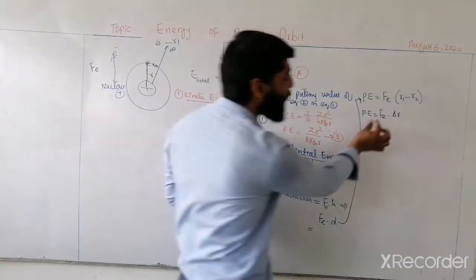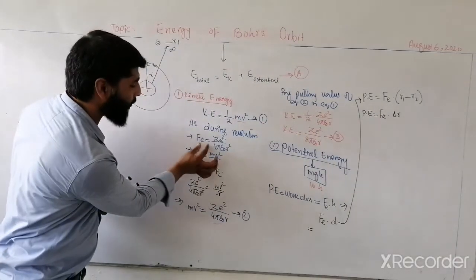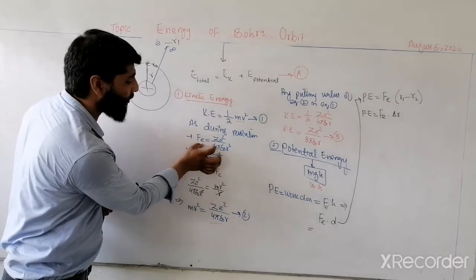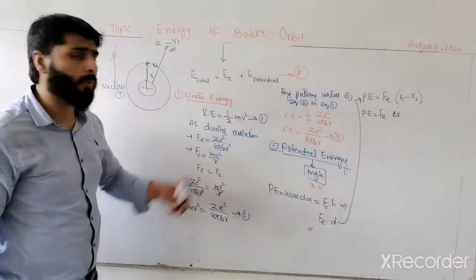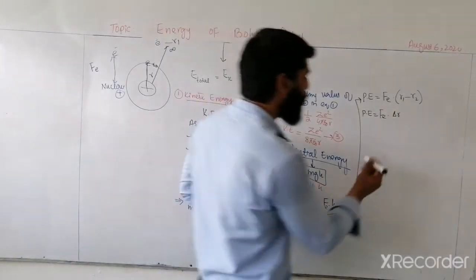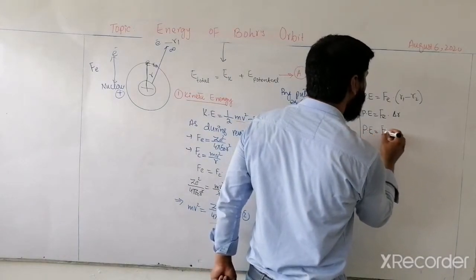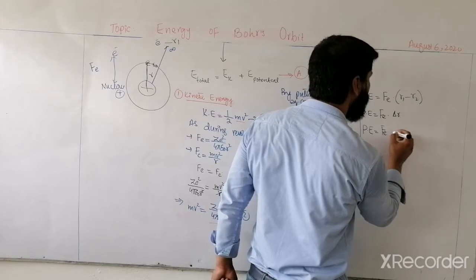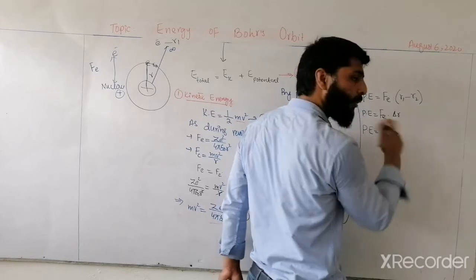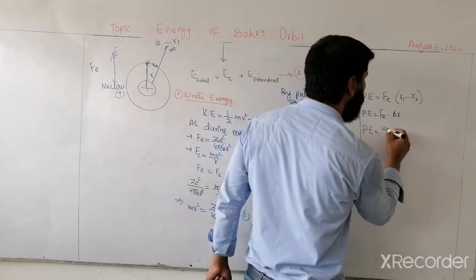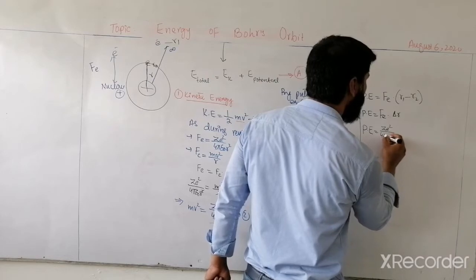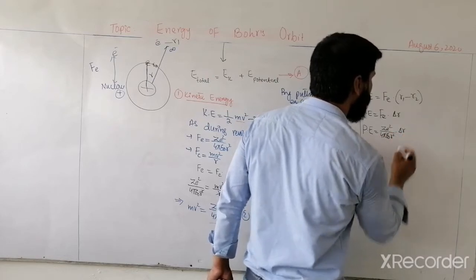So the magnitude of F can be given by Fe is equal to Ze square divided by 4 pi epsilon naught r square. So potential energy will be equal to Fe dot delta r, by putting the value of Fe, Ze square divided by 4 pi epsilon naught r square into delta r.